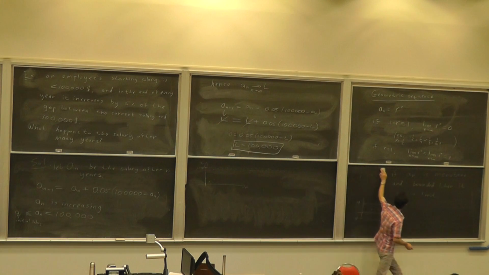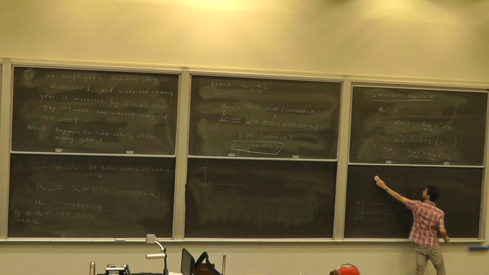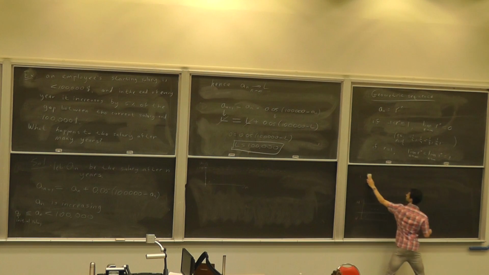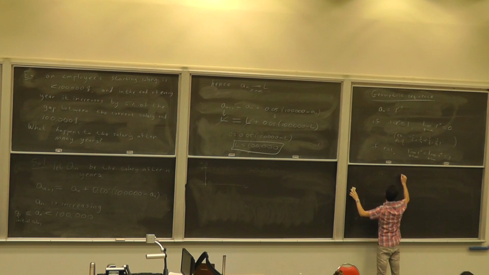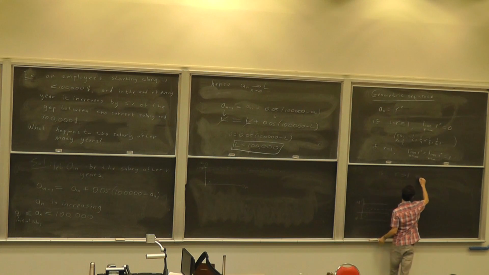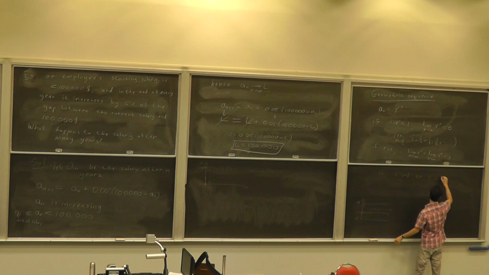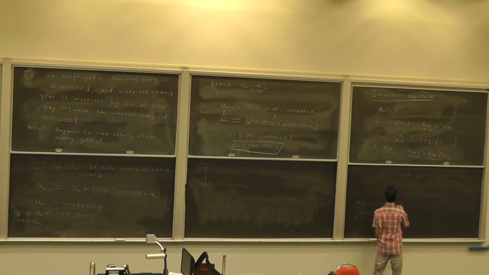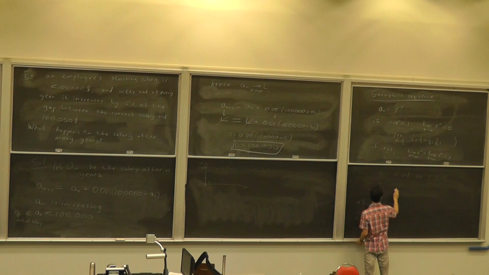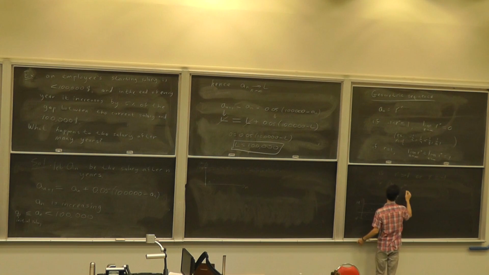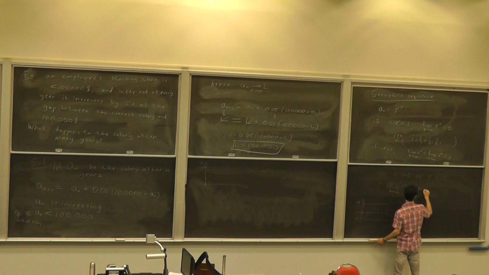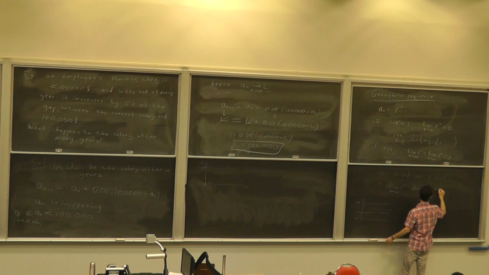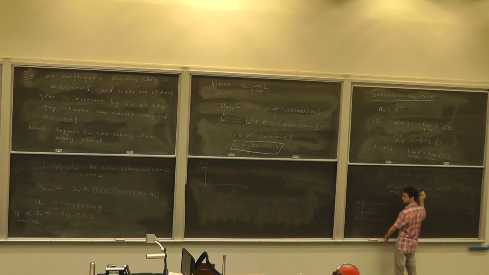And finally, if r is greater than 1 or r is at most -1, the limit of r to the power n does not exist.